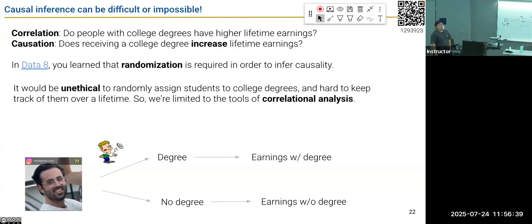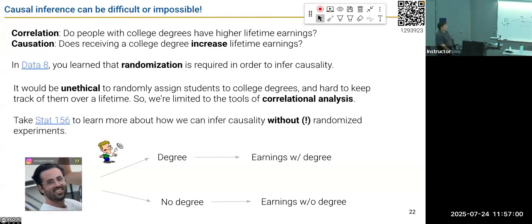Another more extreme example is smoking causing cancer. You cannot subject someone to smoking. But on the other hand, probably everyone knows the established argument nowadays: smoking does cause cancer. So how do people arrive at that causality? This is beyond the scope of this class.